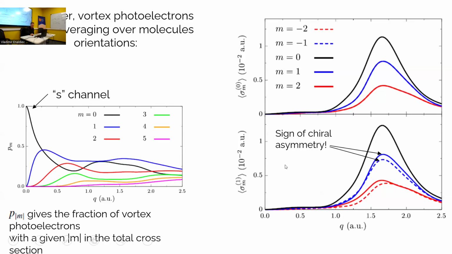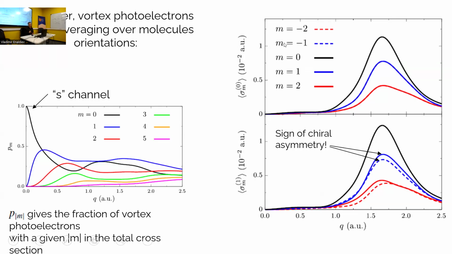And it's interesting to consider the averaged one. You can see that this effect survives averaging over molecular orientation. And the most interesting part here is that, for example, here we have the averaged over molecular orientation partial cross section for polarized photon and photoelectron with vorticity. The blue line represents vorticity 1, the blue dashed line represents vorticity -1.